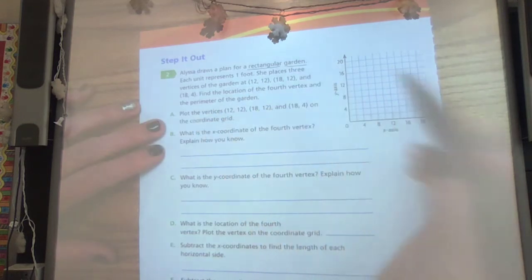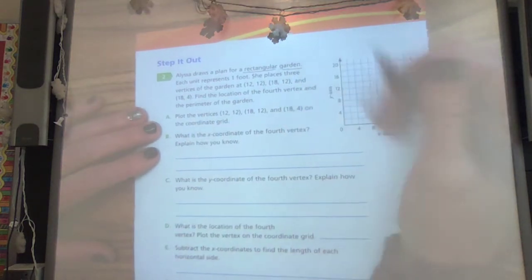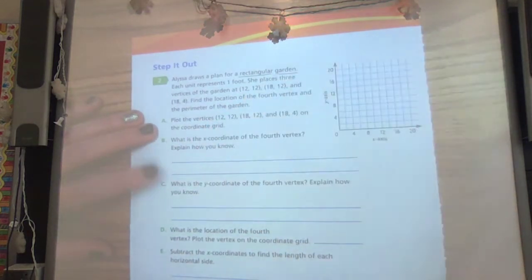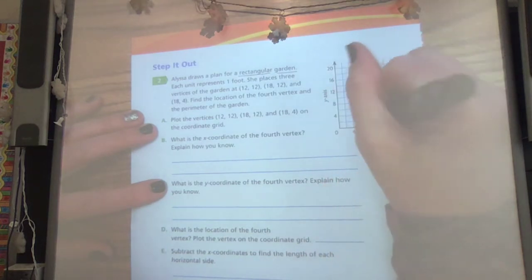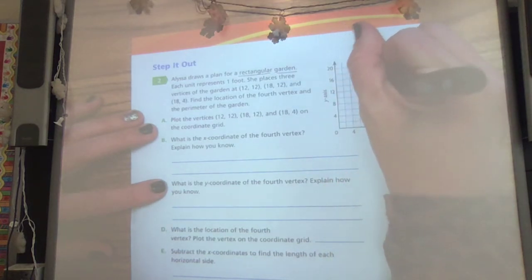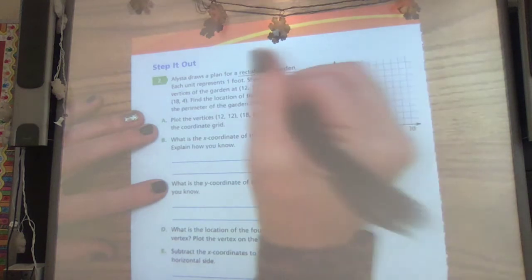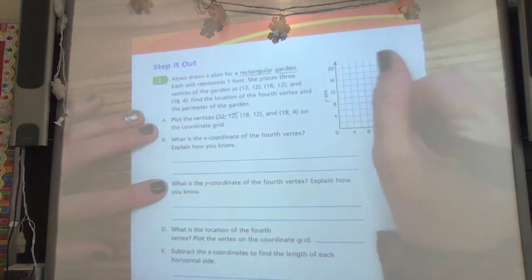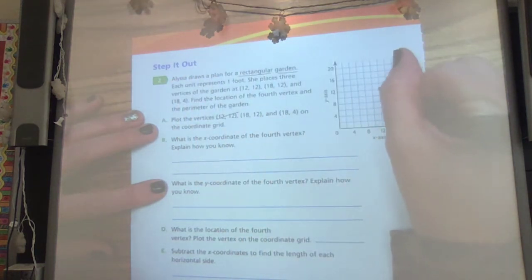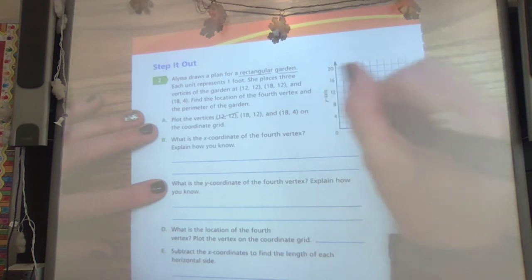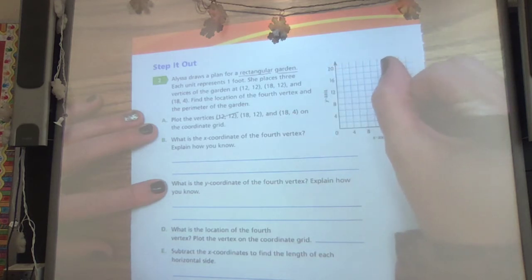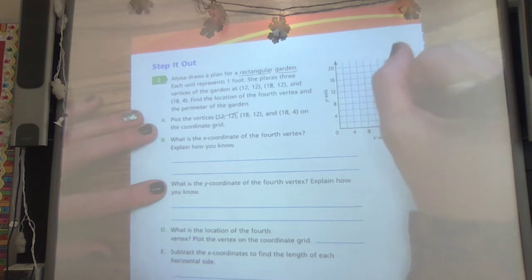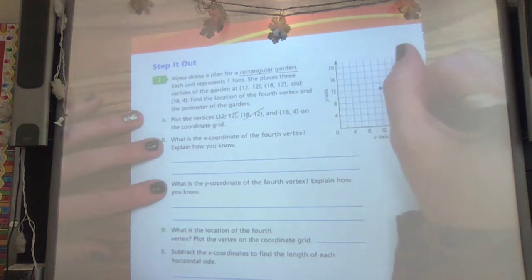So to figure this out, let's first plot what we have. 12, 12, make your dot. 18, 12, they're counting by fours, 4, 8, 12, 16. So 18 is going to be right here and go up to 12. 18, 4.